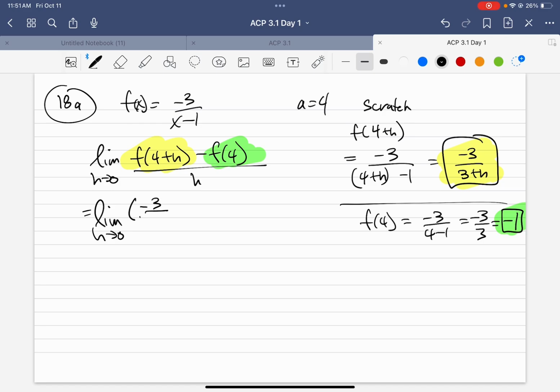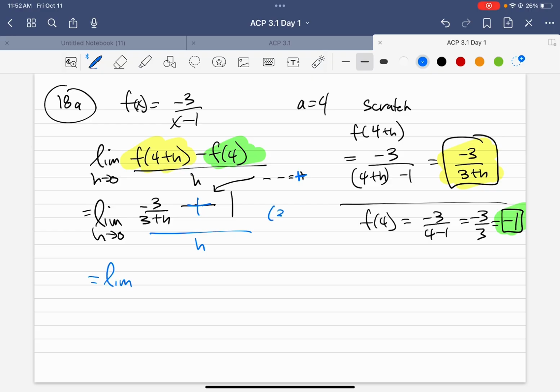So we get negative 3 over 3 plus h minus a negative 1, which just turns out to be plus 1, right? Because that's minus a negative equals a plus. And so it's all over h.